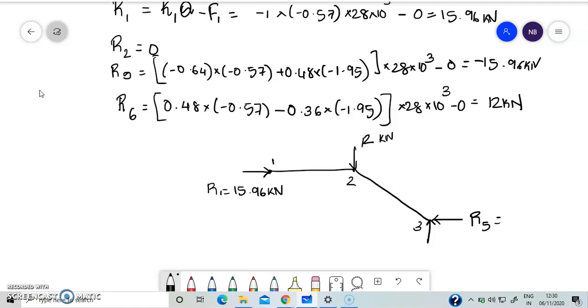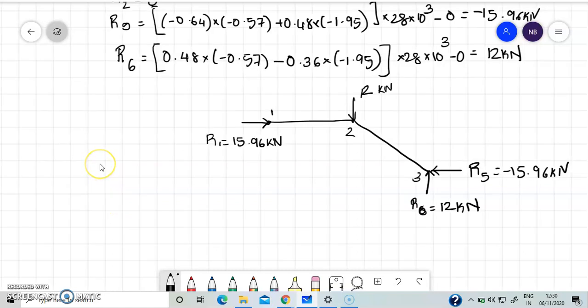Similarly, R5 is minus 15.96 kilonewton. And R6 is 12 kilonewton. So we see that there is equilibrium of the forces.